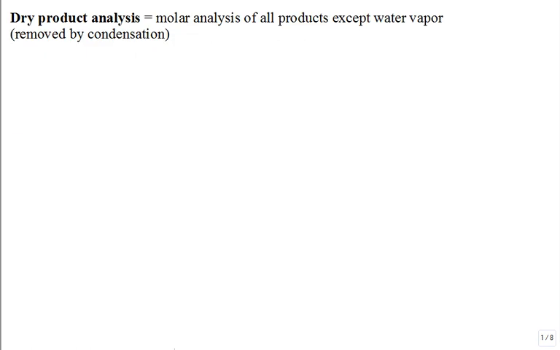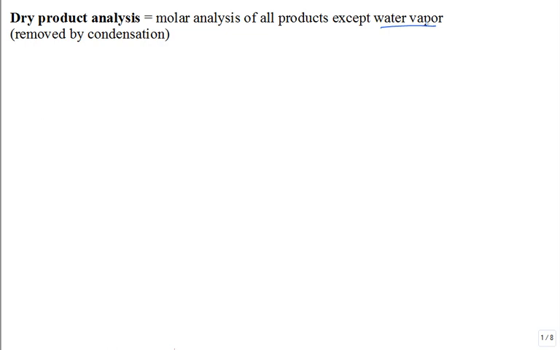Okay, one other thing we need to introduce here is a dry product analysis. A lot of times, when you're in a laboratory trying to analyze the combustion process inside the engine and what's going on in the exhaust products, water vapor is a problem because it likes to condense. Even at relatively warm temperatures, it's going to dew out on some equipment.